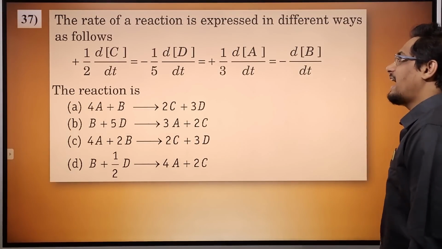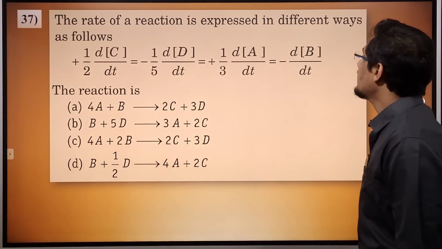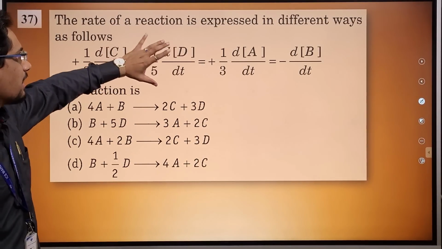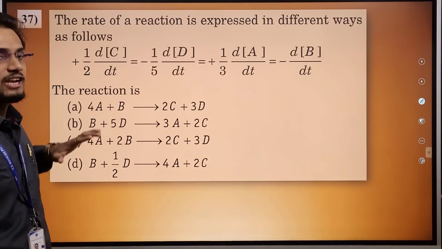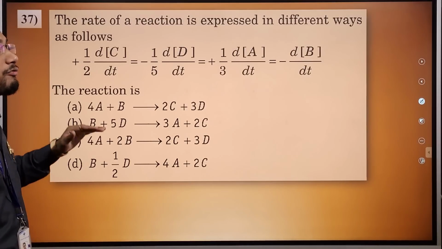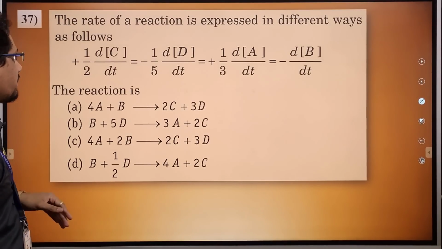The rate of the reaction is expressed in different ways as follows. They have given a rate of reaction as a differential rate. Based on the differential rate equation, we have to find out which reaction it has been written for.